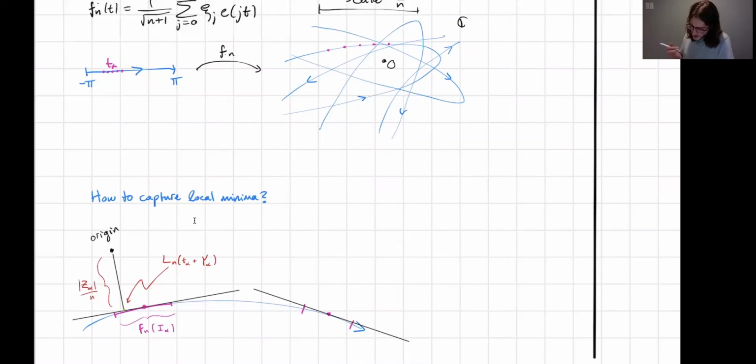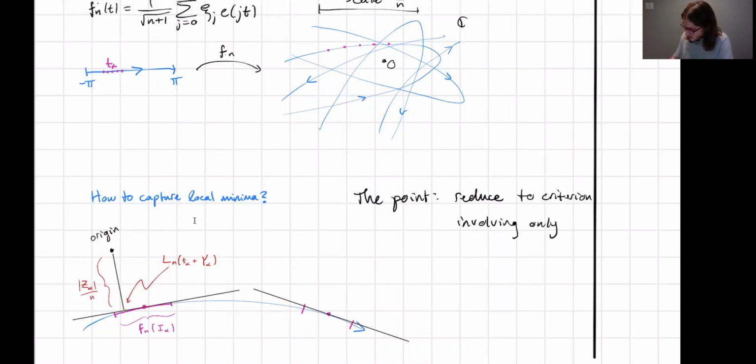So really, the main point is to reduce to a criterion involving only f and its derivative at mesh points.